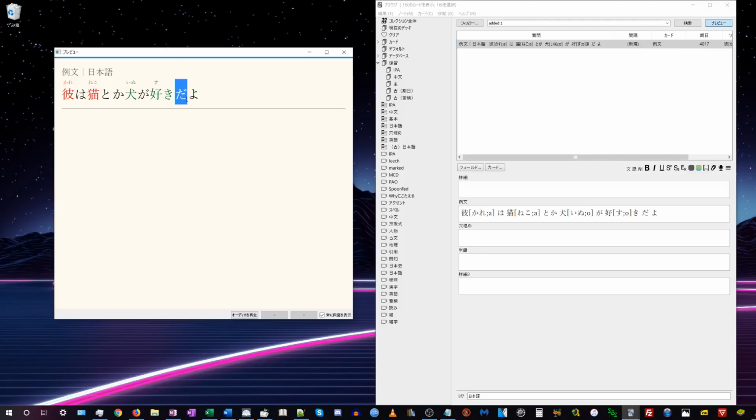I'm grouping particles and auxiliary verbs together for the sake of this point. So the sentence would read, kare wa neko toka inu ga suki da yo. Again, if you learned all of the important pitch accent rules, which you can do relatively quickly, and then knew the pitch accent of kare, neko, inu, and suki, then you would know enough to know the pitch accent of this entire sentence.